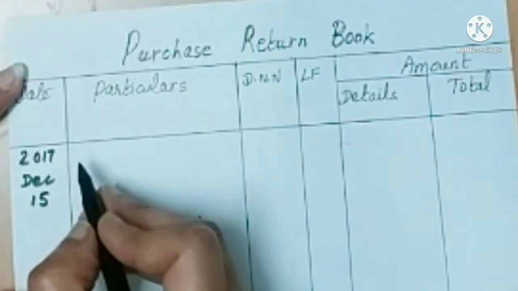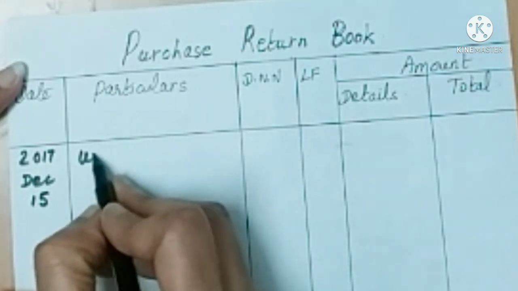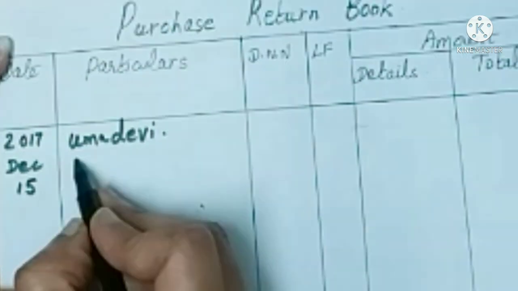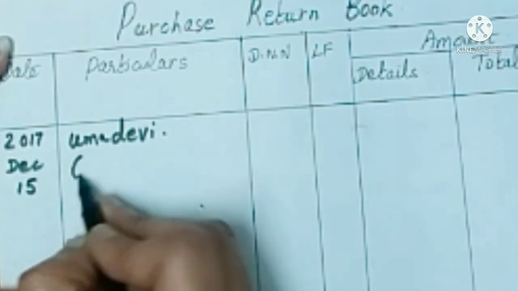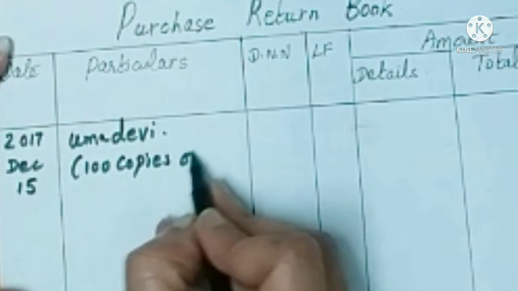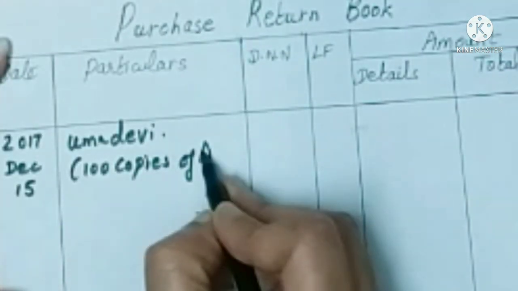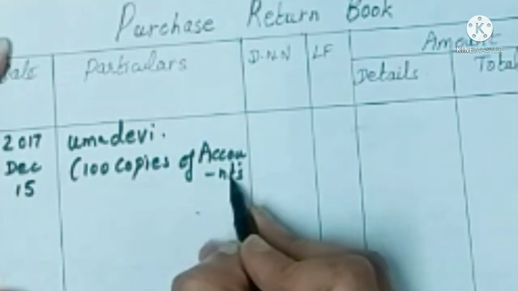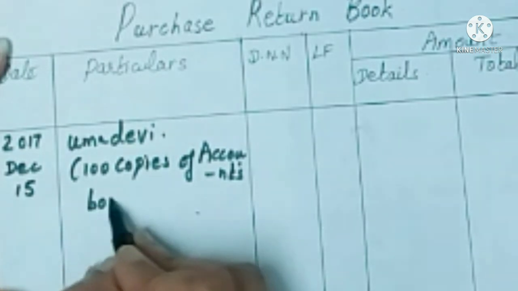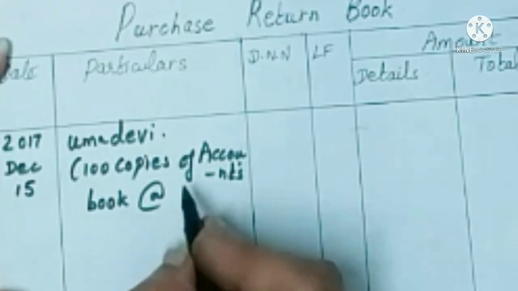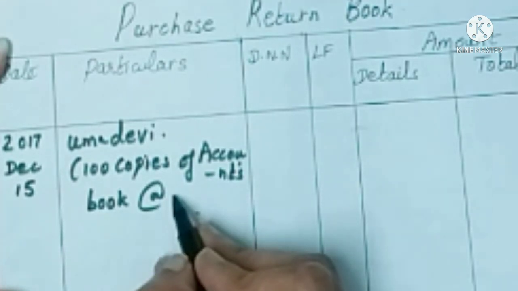Goods are returned to Uma Devi. 100 copies of accounts book at rupees 150.